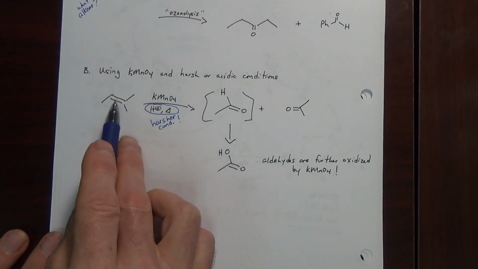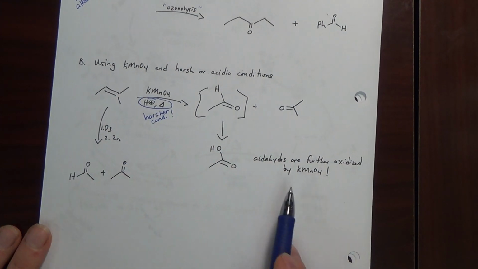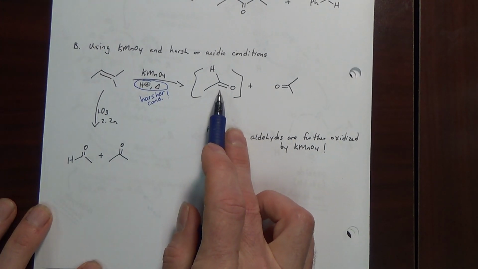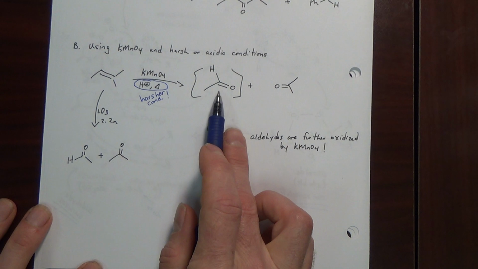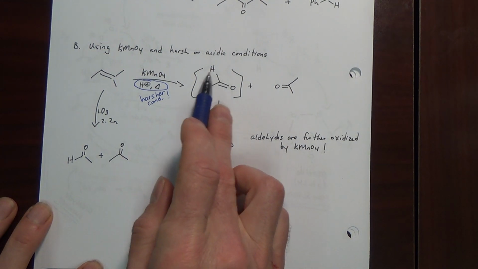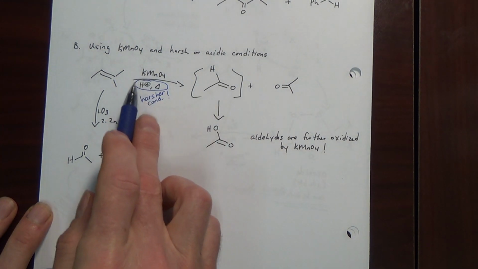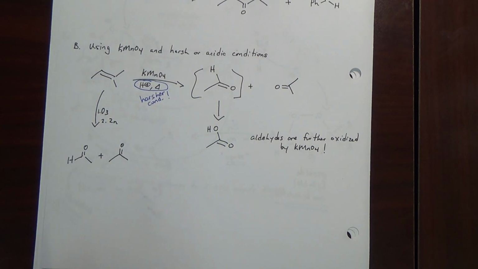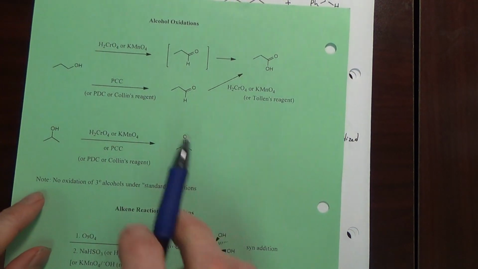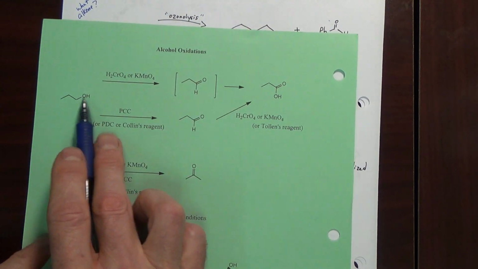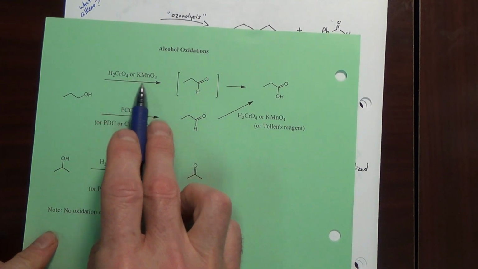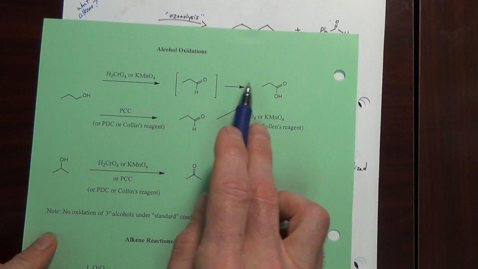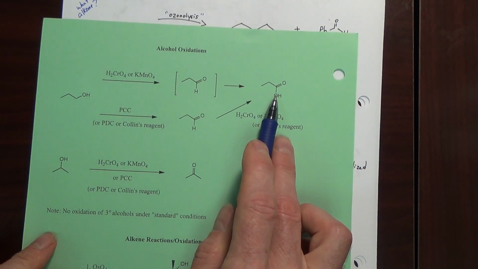If you cleave your alkene with KMnO4, aldehydes will not survive. Because remember, aldehydes can be oxidized by one of the big three. Remember back to oxidation of alcohols: if you're using one of the big three, such as KMnO4, aldehydes will be oxidized to the carboxylic acid.